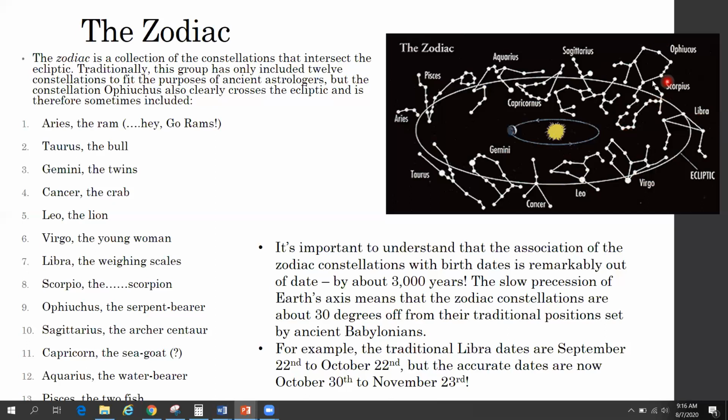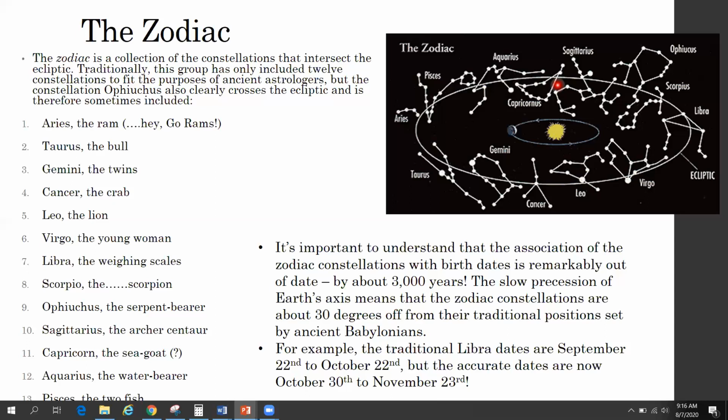Again, we've mentioned Ophiuchus. And then we have Sagittarius, which is kind of an interesting one because the word itself just means archer. Sagitta means arrow in Greek. But it's not just an archer, it's an archer who also happens to be a centaur, a half man, half horse. So that's kind of fun. Another kind of weird one is Capricorn or Capricornus, the sea goat.